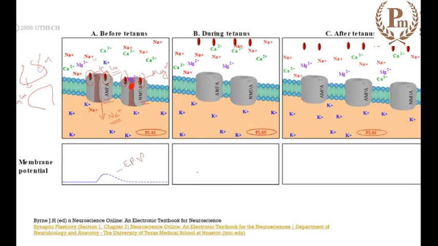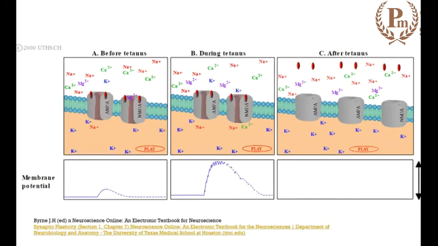Fine. Now let us go to the next situation. This is my second situation, when I started giving a tetanus, when I started giving more impulses at successive intervals. So what happened here? As I gave more impulses, more glutamate was released. These more glutamate molecules came and bound to the AMPAs. When they bound to the AMPAs, there was influx of sodium ions.